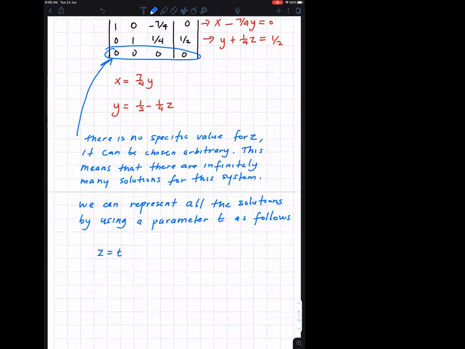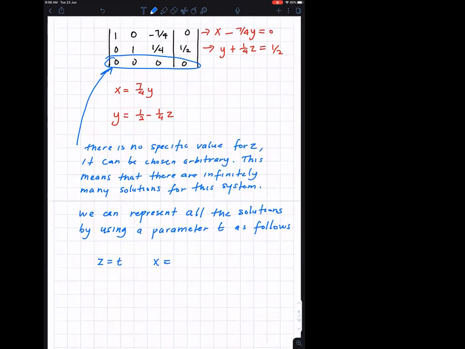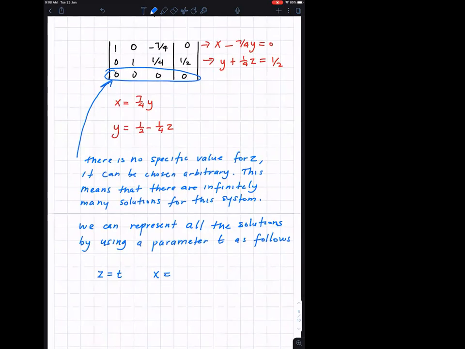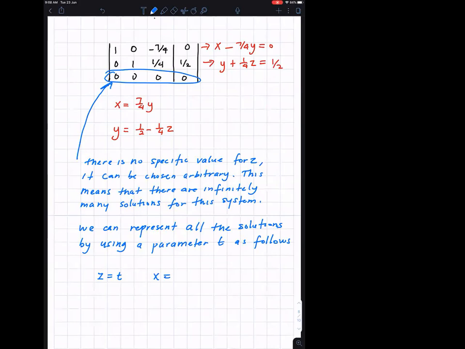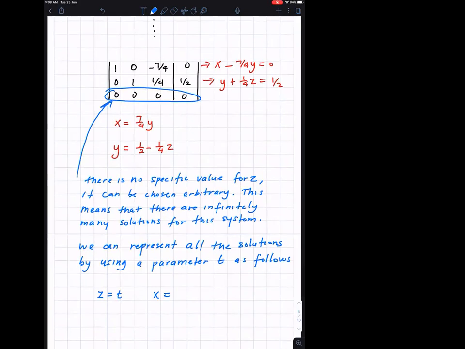If z is t, then x is 7 over z. Okay, there's a typo here, and nobody is helping me out.